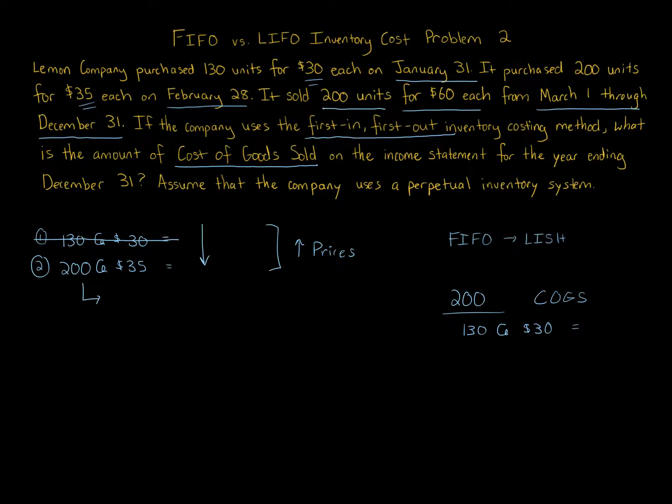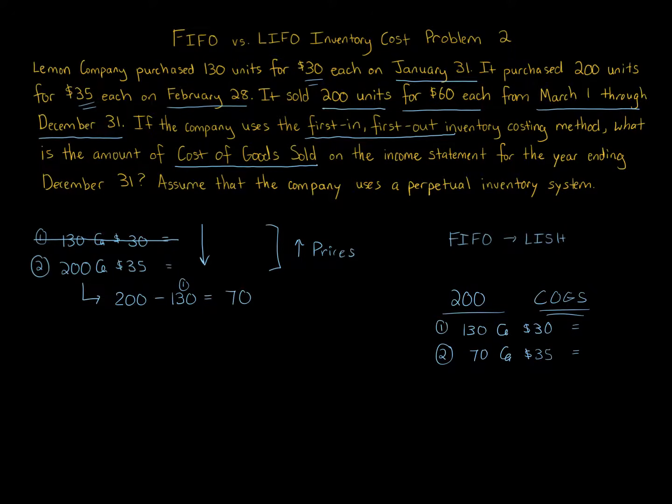Specifically, 200 minus the 130 that we took from layer 1, we need 70 from layer 2. So from layer 1, we took all 130. From layer 2, we take 70 at $35. And this is our cost of goods sold. This is the cost of the units going out because of the order.